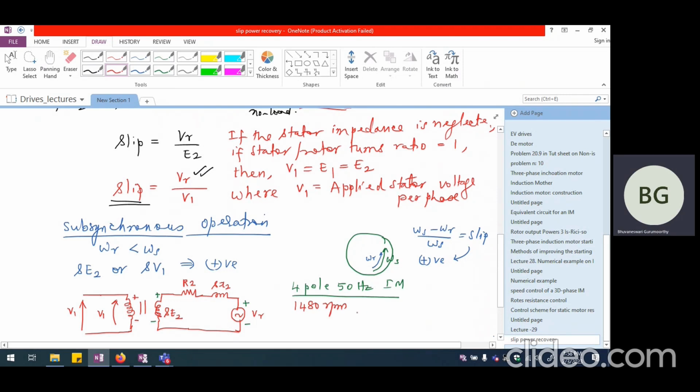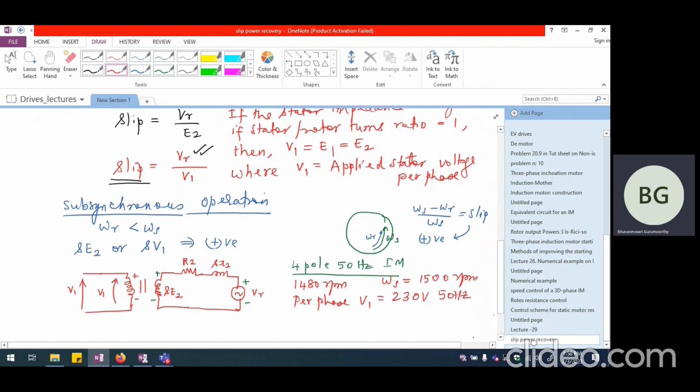So this is 1480 RPM and synchronous speed is going to be 1500 RPM. And let us say per phase V1 value is 230 volts, 50 Hertz. I'm just taking some values arbitrarily, as per our grid values.